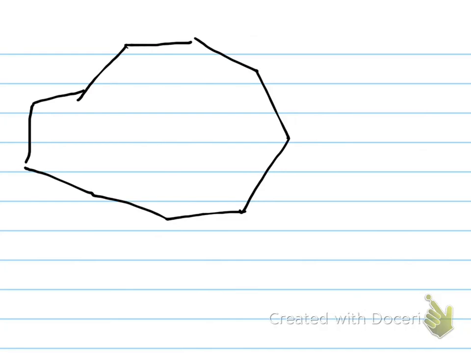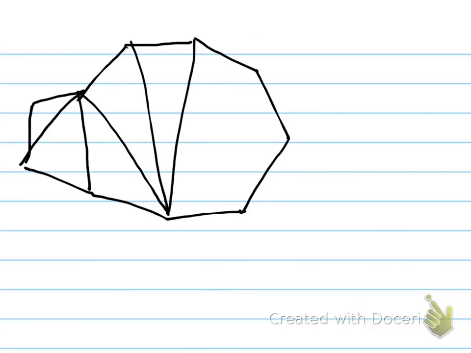How many triangles can we get out of a 10-sided polygon? 1, 2, 3, 4, 5, 6, 7, and 8. So there would be a total of 8 triangles in a 10-sided polygon.